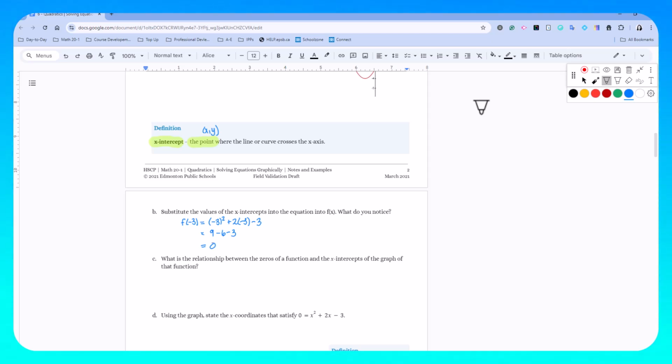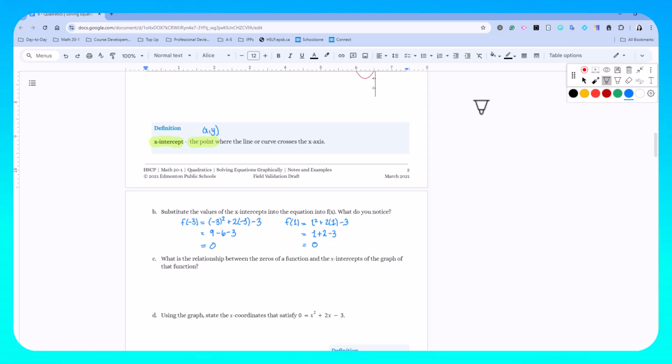Let's do the same thing for the 1. f of 1 equals 1 squared plus 2 times 1 minus 3. Well, this gives us 1 plus 2 minus 3. And we can see 1 plus 2 is 3, and 3 minus 3 is 0.